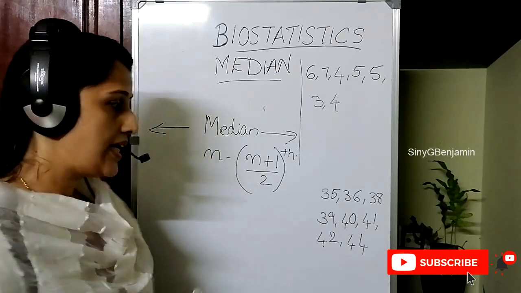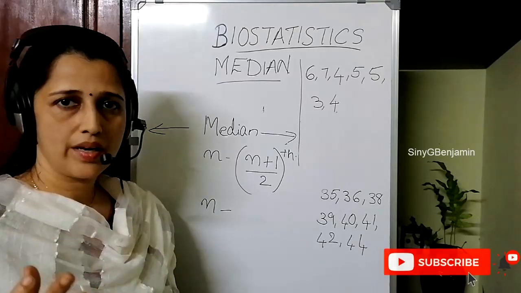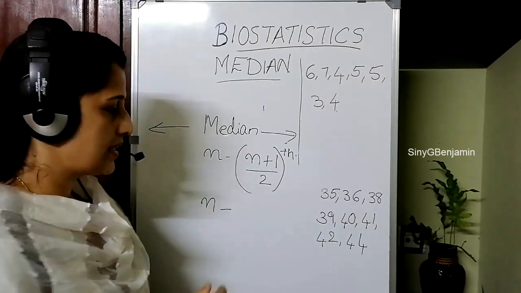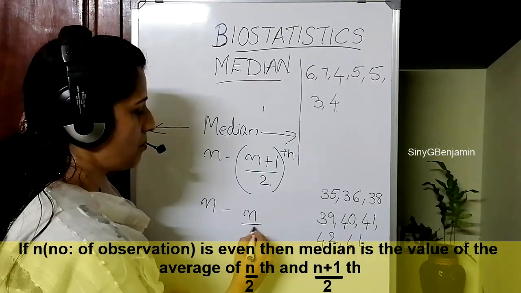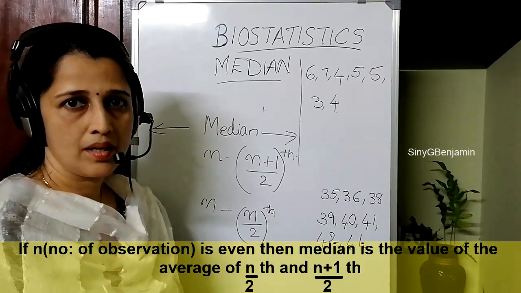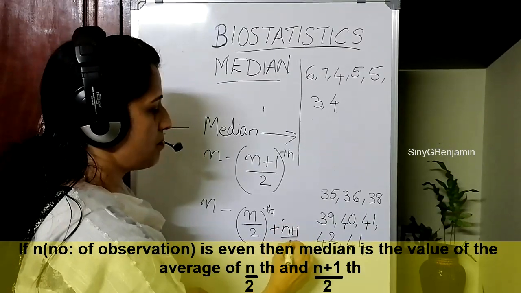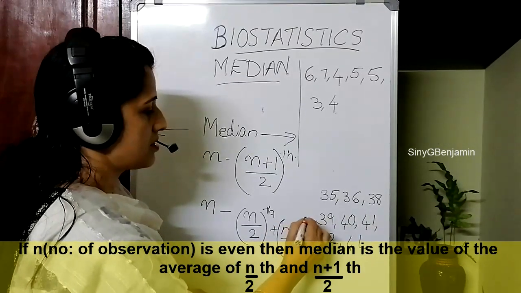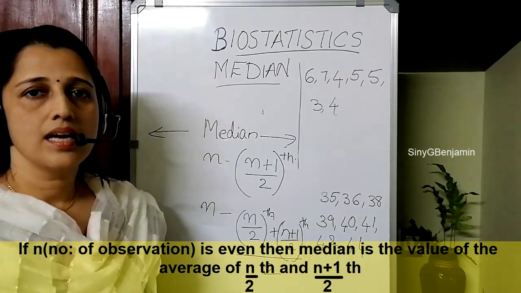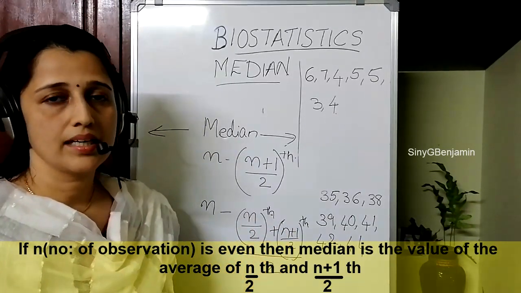Then if n is even, n is an even number like 6, 8, 12, 24, 36 like that. If it is an even number, the equation which we apply is n by 2th item plus n plus 1 by 2th item, the whole divided by 2, or simply it is an average of n by 2th item and n plus 1 by 2th item.